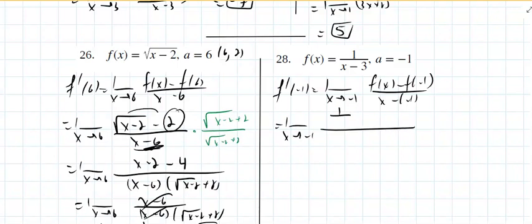F of x is basically what you see. F of -1, if I put in -1, would be -1 over -4, so -1/4. So it's going to be f of x, exactly what you see, minus f of -1, which is -1/4, over x plus 1.